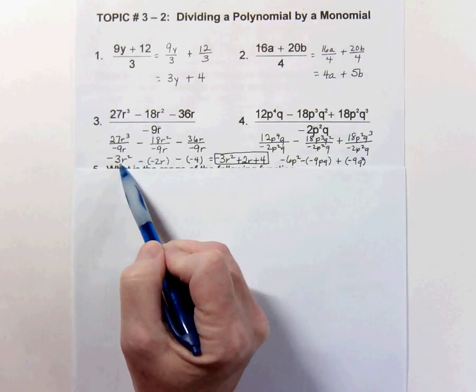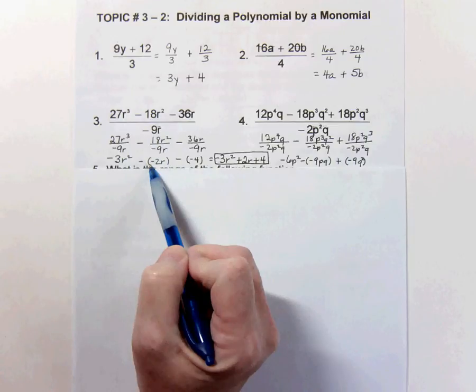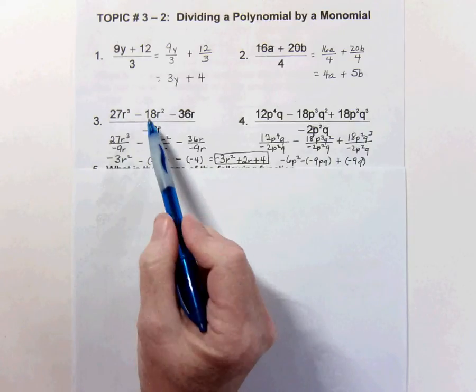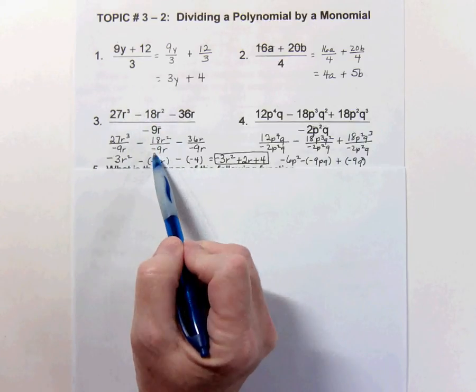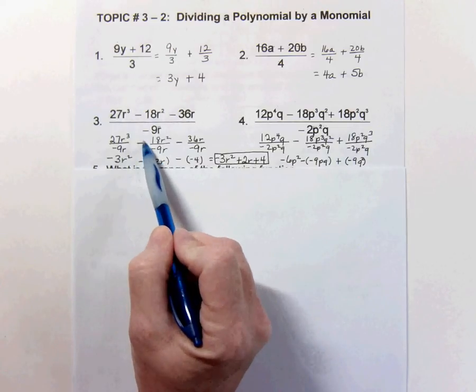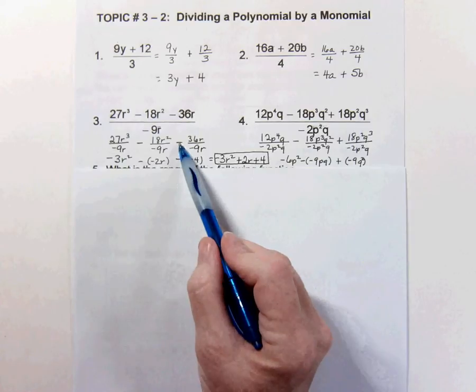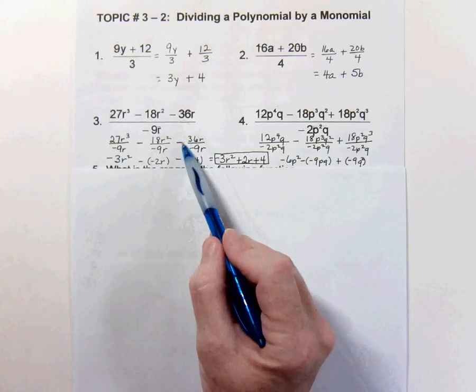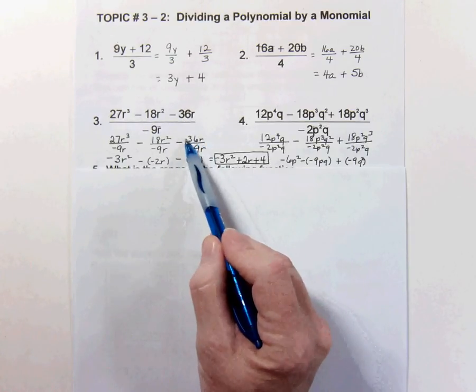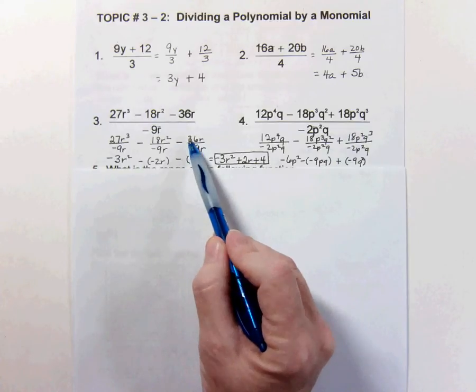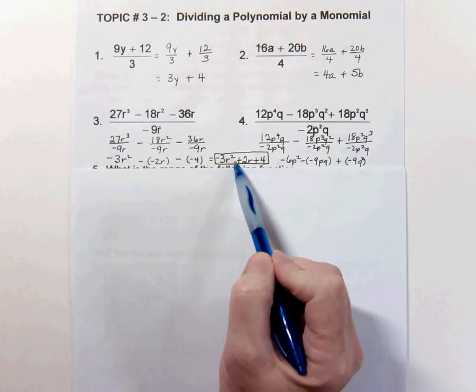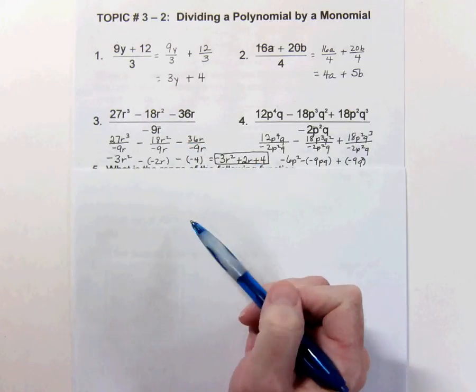This stays negative. This actually is going to become positive because you have a negative 18 and a negative 9. This minus sign takes on the value of the 18. This negative 36 is minus 36 in the problem, but takes on the value of that negative. And so that's why you have these two positives once you've done the division.